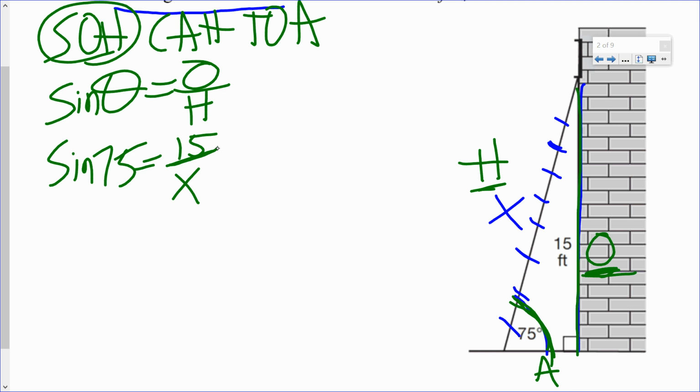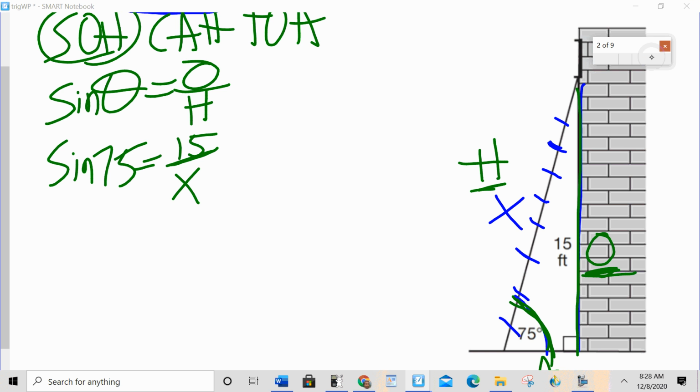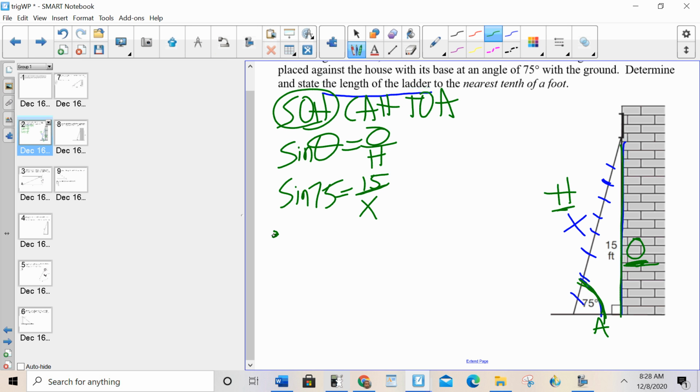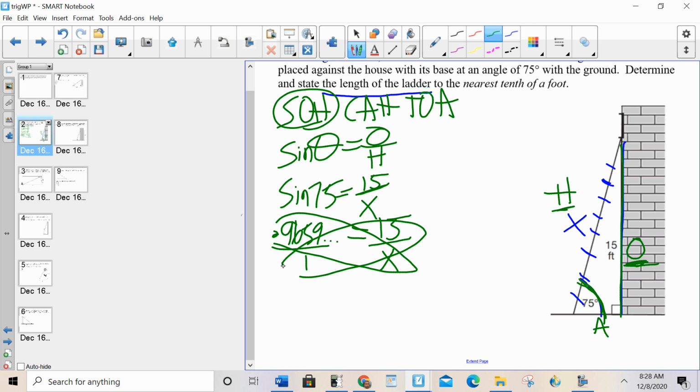Since X is in the fraction, I'm going to cross multiply. Before I cross multiply, I like to type in sine of 75 into the calculator. Sine 75, I get 0.9659 dot, dot, dot. There's more. I'm going to type the whole thing into the calculator in the next step. 0.9659 dot, dot, dot times x equals 15.